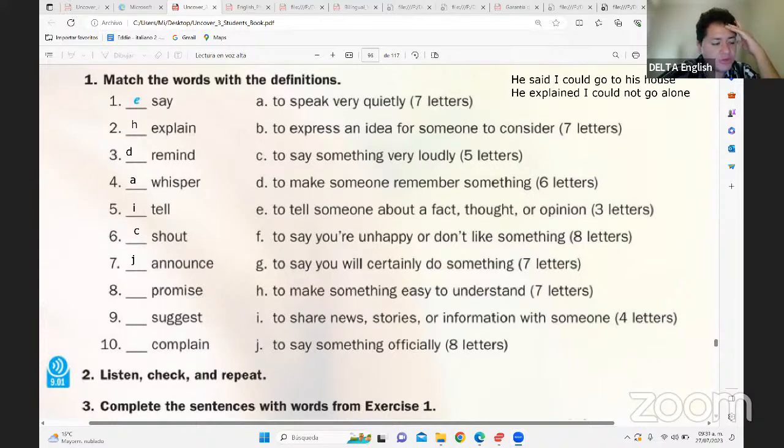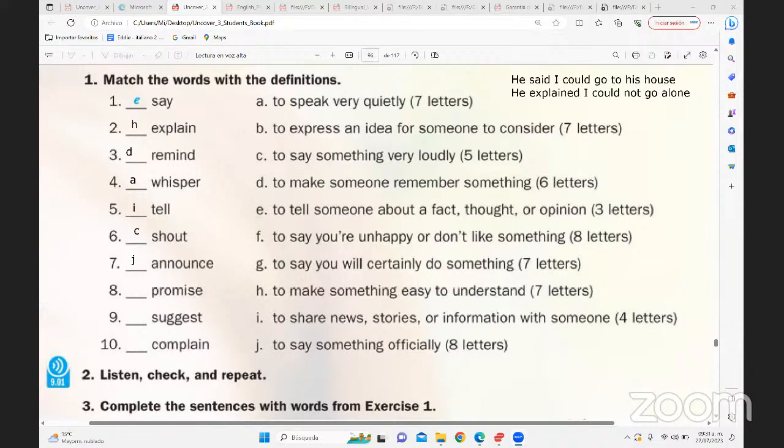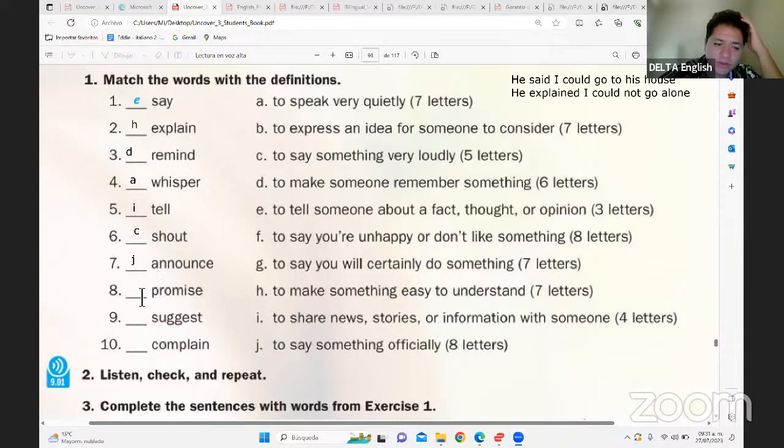Which one do you think is promise? Letter G. Exactly, to say you will certainly do something. Good.